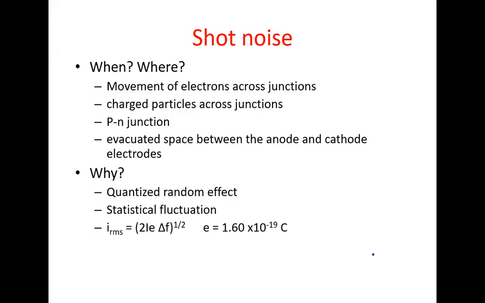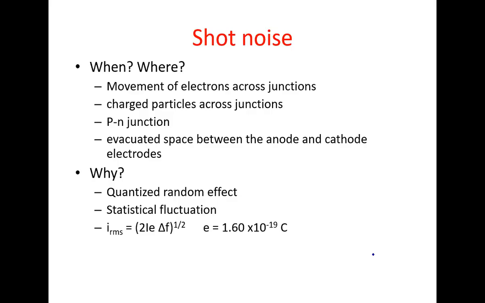And here is the formula. You have I, random noise. Can anyone guess what I stands for from a physics viewpoint? That's correct, the current, caused by movement of electrons across junctions.